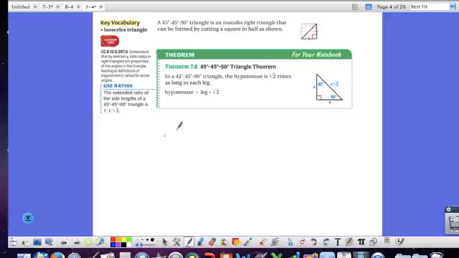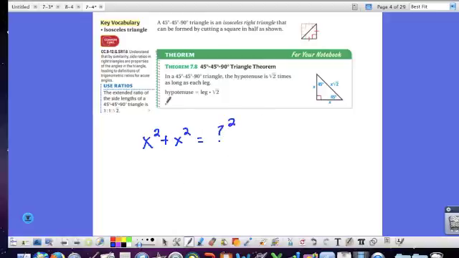Each leg would be the same measure. And rather than having to do the Pythagorean theorem, the side opposite the 90-degree angle, the hypotenuse, is going to be x radical 2. Basically, you'd be doing x squared plus x squared equals some number squared.